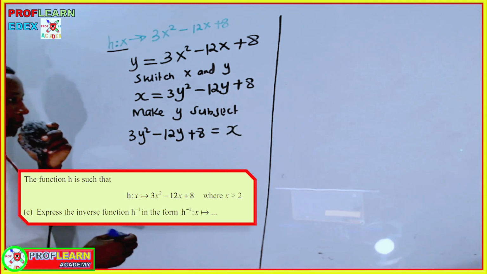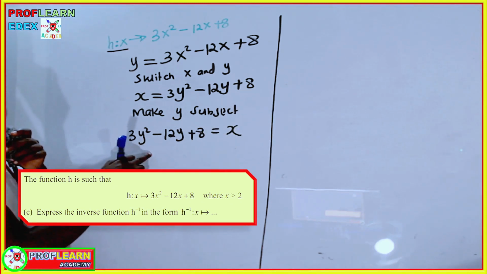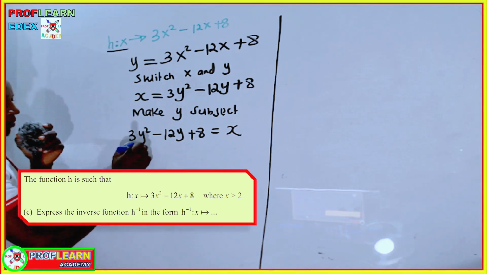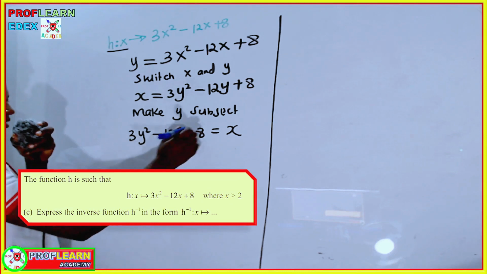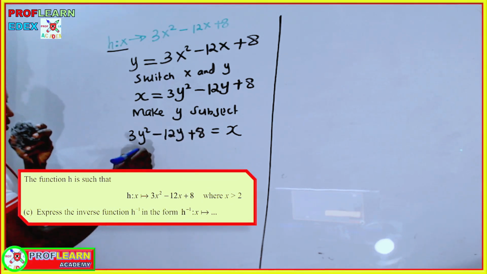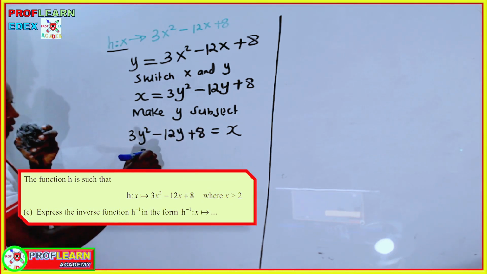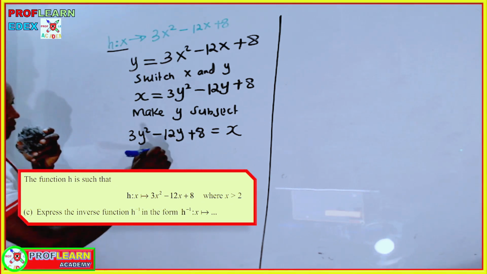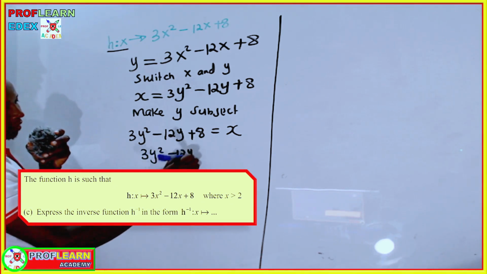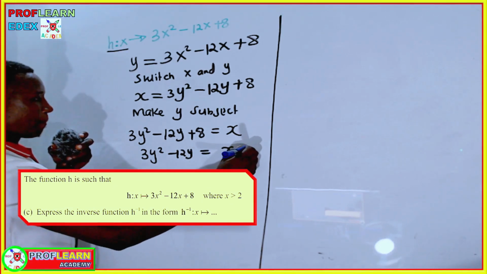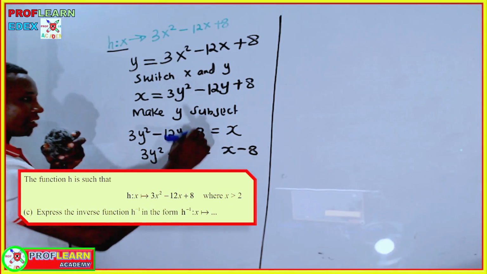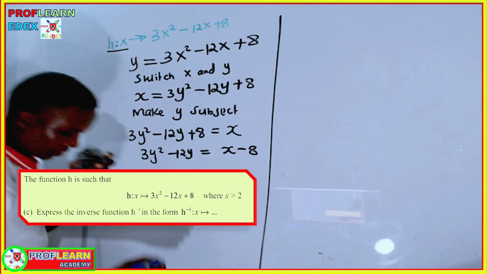So at this point, because this is a quadratic equation, there is no way you can make y the subject other than just completing the square. So I'll have to write 3y squared minus 12y equals x minus 8. I've just taken this value to the other side.